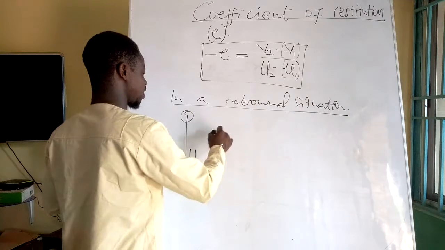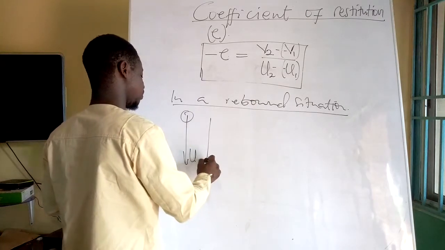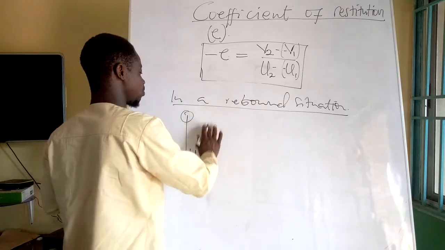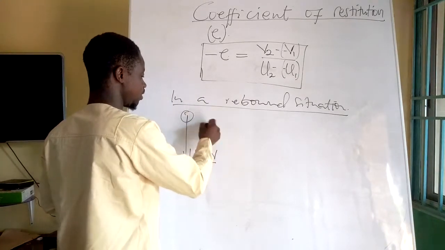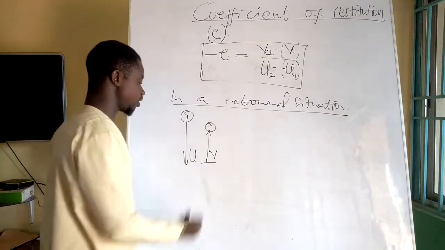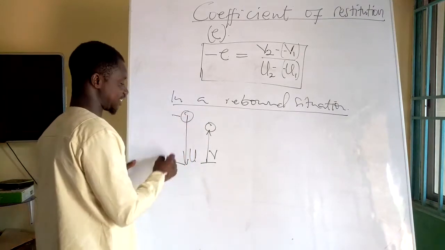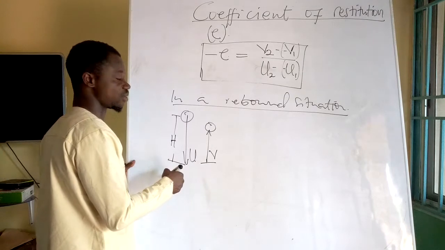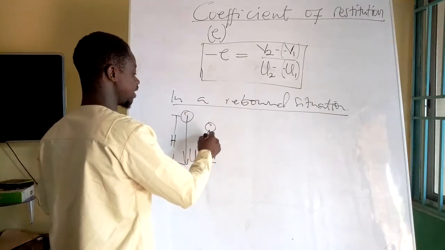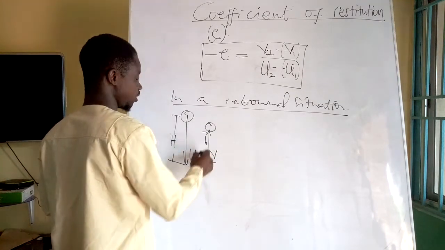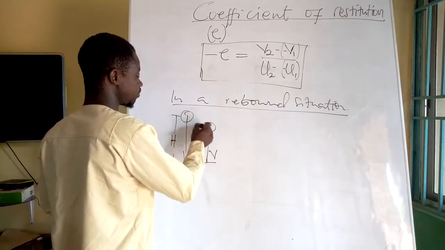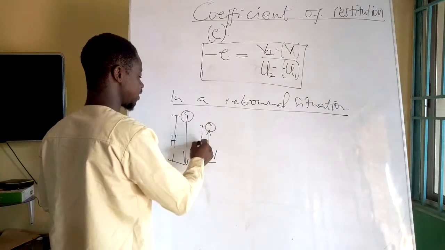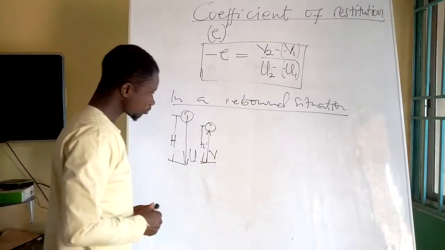After it has hit the ground, it will bounce off. So that will be the final velocity v that it will use to bounce off, like this. The body will get to probably this point. So the body will fall from a certain height, capital H, with which it will hit the ground. The body will then rise to a certain height, small h, that we call the rebound height.